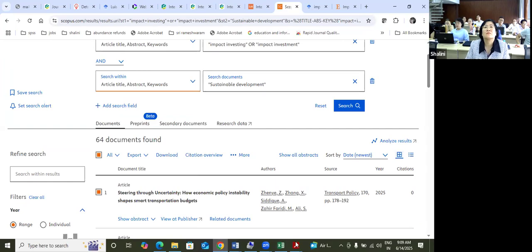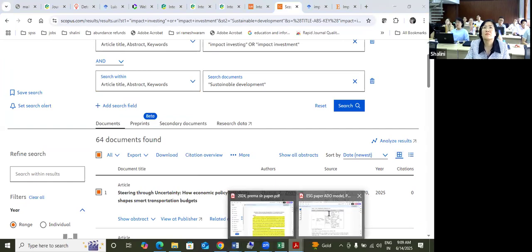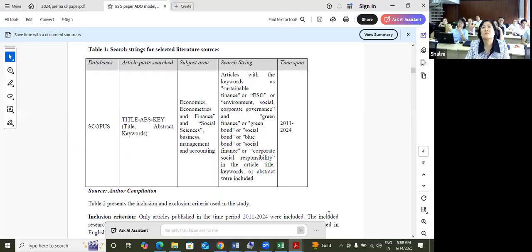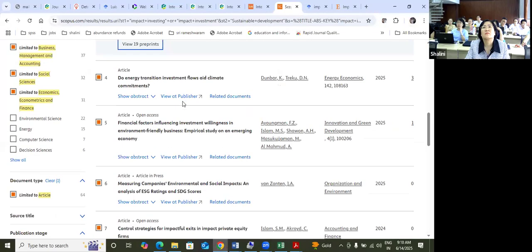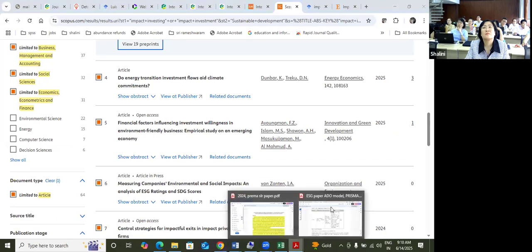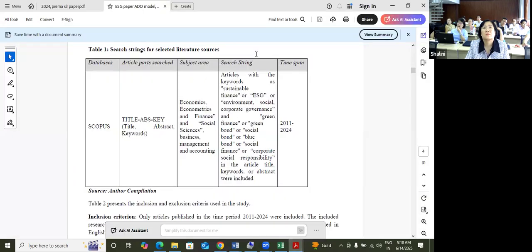So what we have written over here is where we have searched in the papers, that is article title, abstract, and keywords. What were the subject areas? This is what we have mentioned over here. These are the subject areas. Can you see over here? We have mentioned this in a paper like this. This is the subject area, and these are the keywords, and this is the time period.